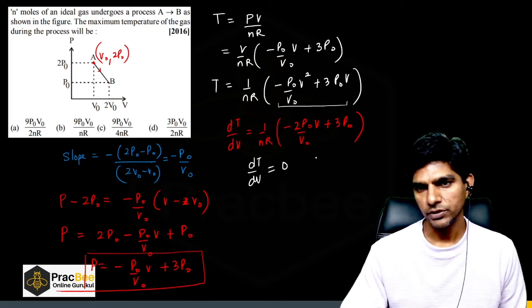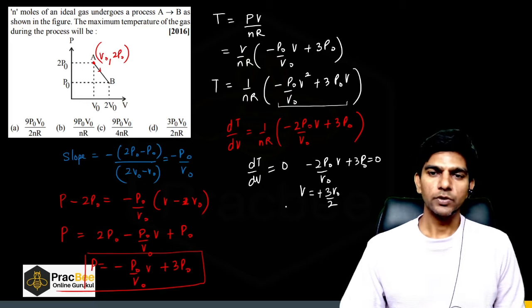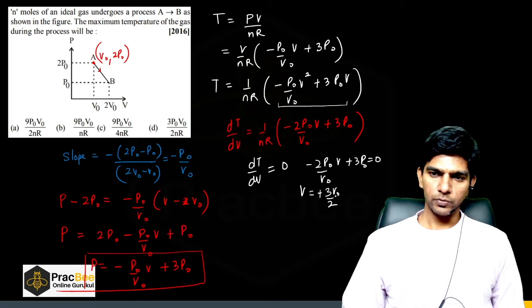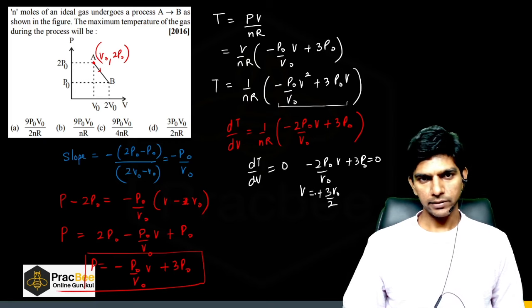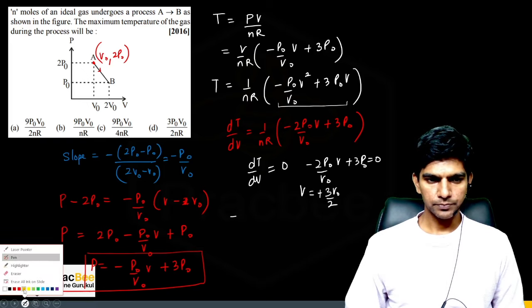So minus 2 P naught by V naught times V plus 3 P naught will be 0. From here, V comes out to be 3 V naught by 2. So we can see that when the volume is 1.5 V naught, at that particular volume, the temperature will be maximum.